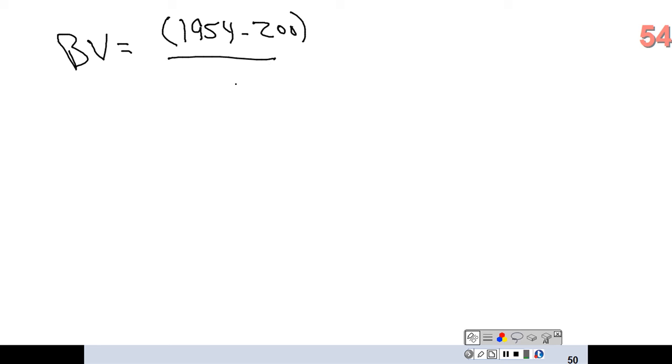So we're going to change that again to 76.262. And so if you work through that, you're probably going to come up with a book value per share of $23.